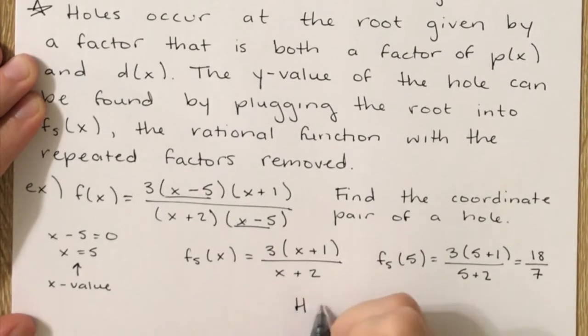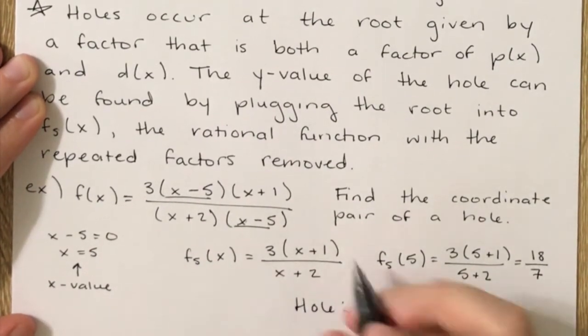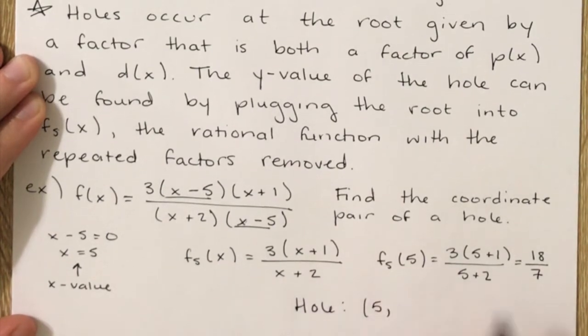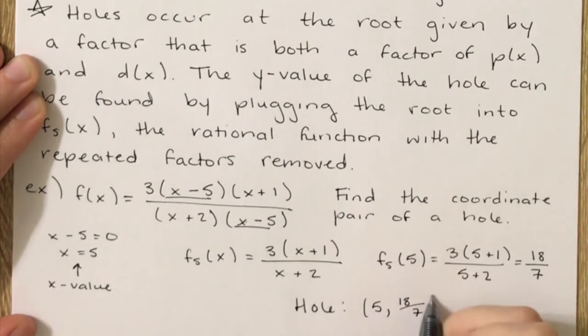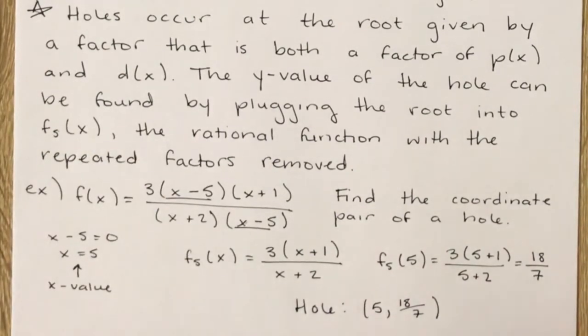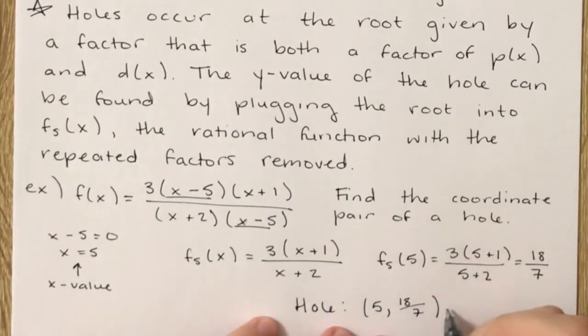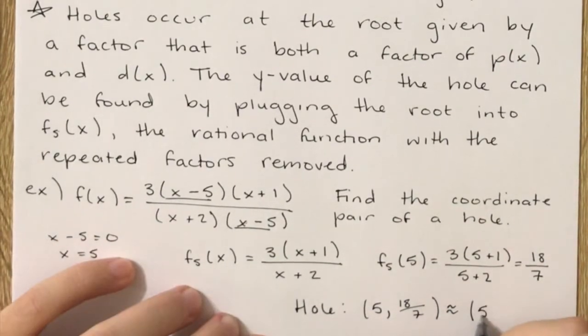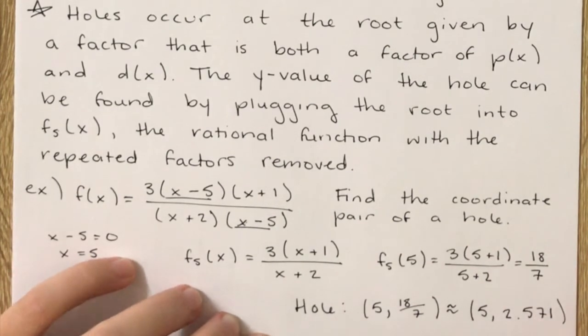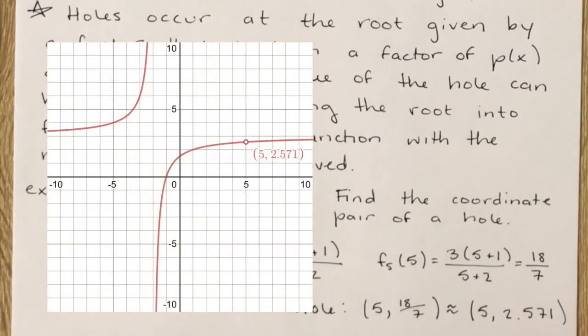So we have a hole at the point (5, 18/7). If we plug 18 over 7 into a calculator, we end up getting about 2.571. If we look at the graph of this really quickly, we can see that we have a hole at that point.